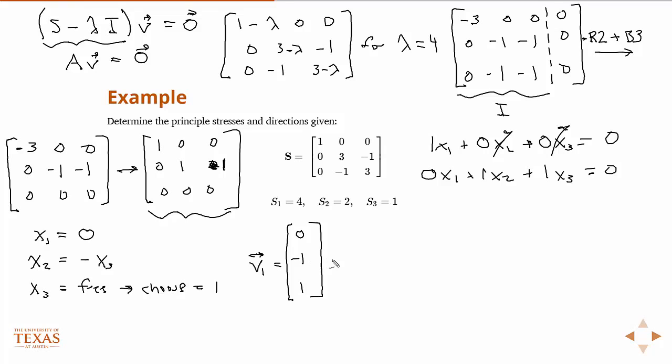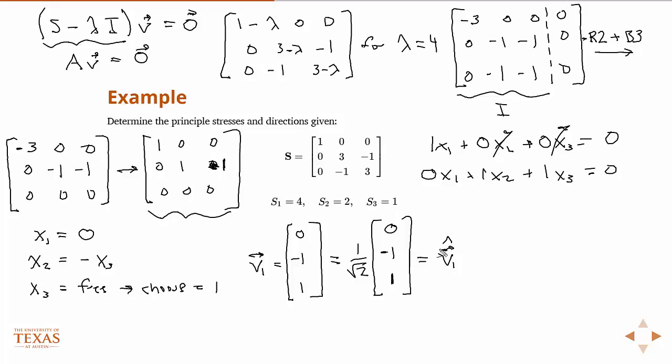So the square root of 2. I only write that down to show that this is what you'd get if you looked up the answer in MATLAB. So that's just a unit vector.